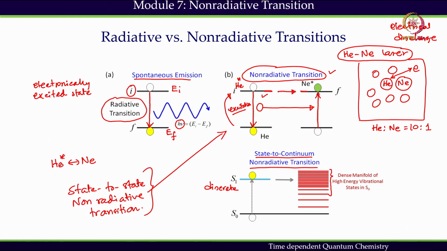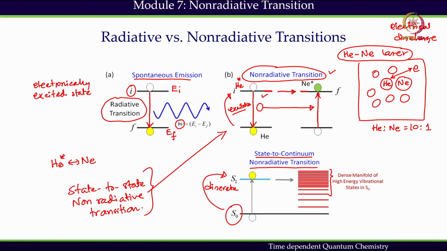This kind of state to continuum transition is particularly common in photochemistry and photophysics of polyatomic molecules. Following electronic excitation of a polyatomic molecule, let us say we are exciting it from its ground state, which is a singlet state, that is why S0, to the excited state S1.